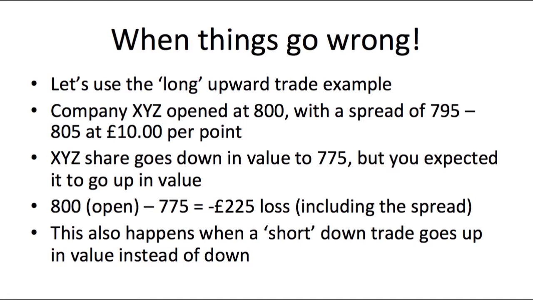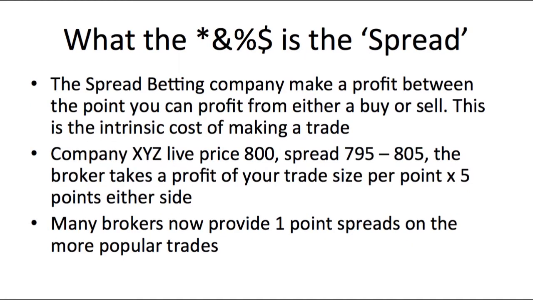So we had 800, which is the open, minus 775 equals minus £225 loss, and that includes the spread. Now obviously the reverse of that can also happen, say if you were going short and the trade went up, that same thing will happen too.